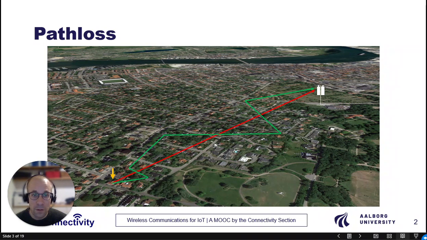So the signal components reaching the base station will be combined, and this is basically what's causing the phenomenon of multipath effects. This gives a great variation of the signal strength, and I'll continue and talk about that at a later point.